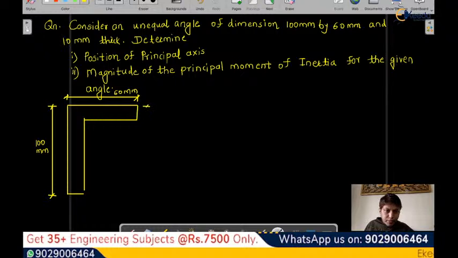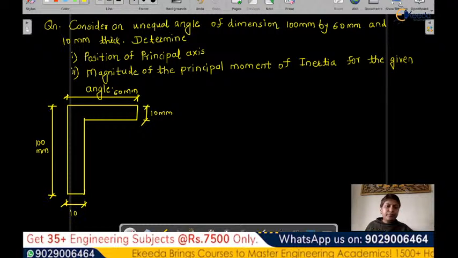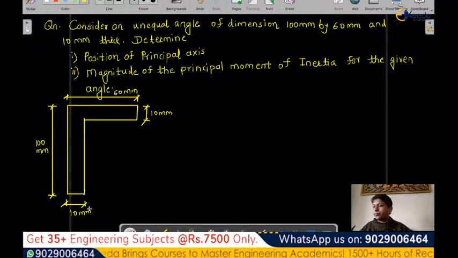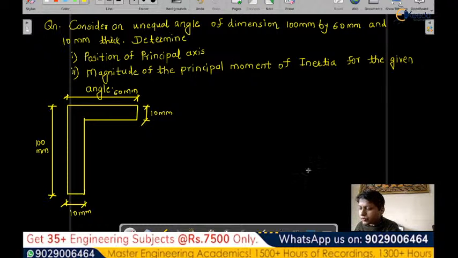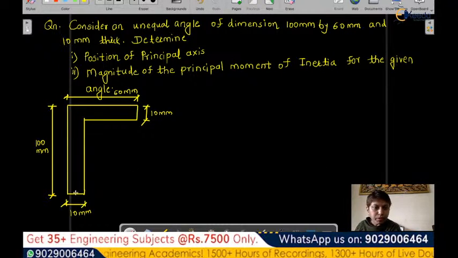The thickness given is constant throughout, that is 10 mm. So this is also 10 mm, this is also 10 mm, and this side also 10 mm. So these are the details given.